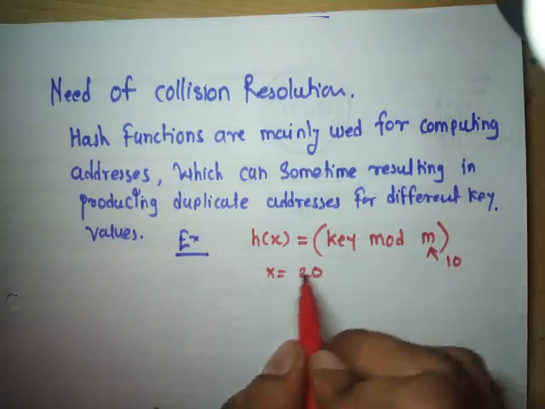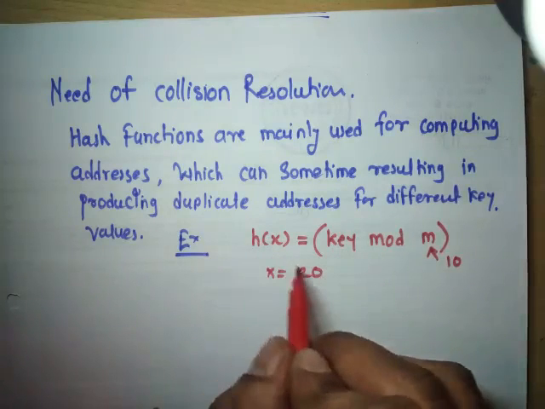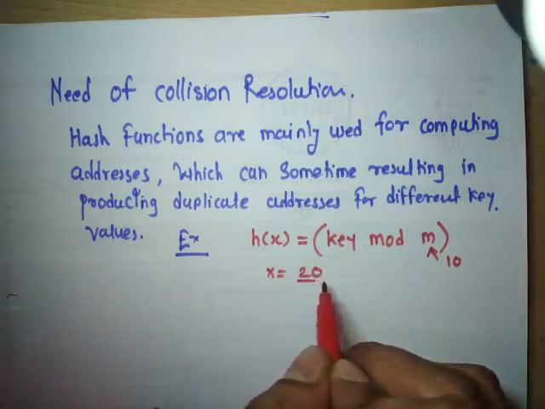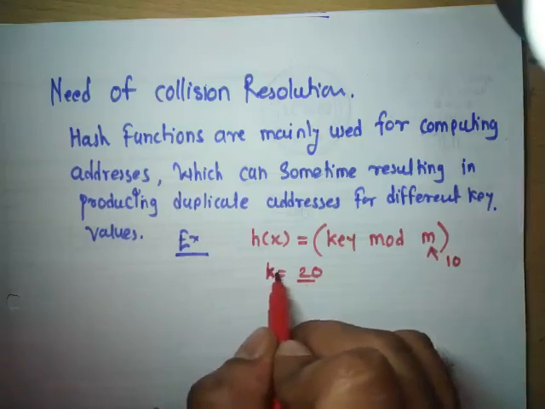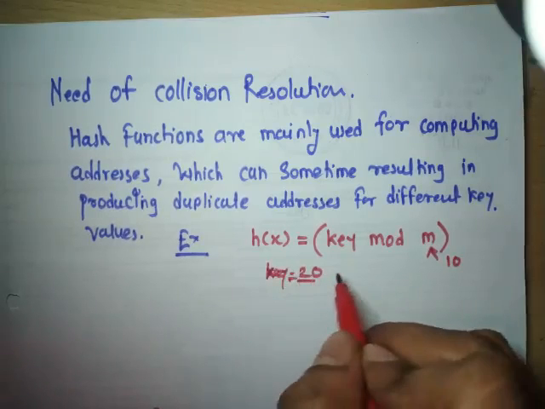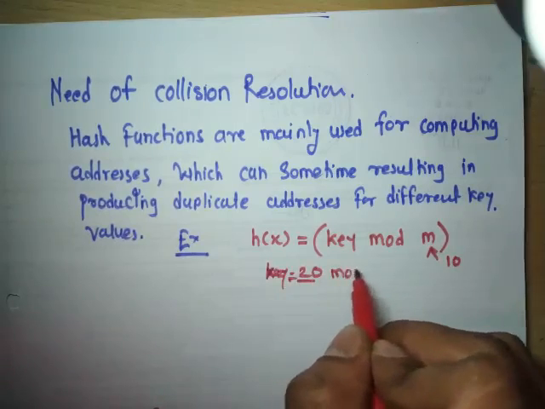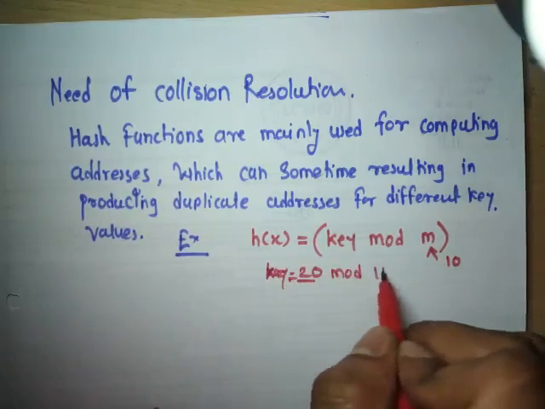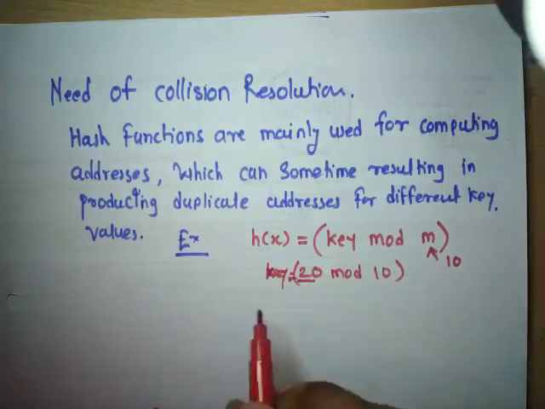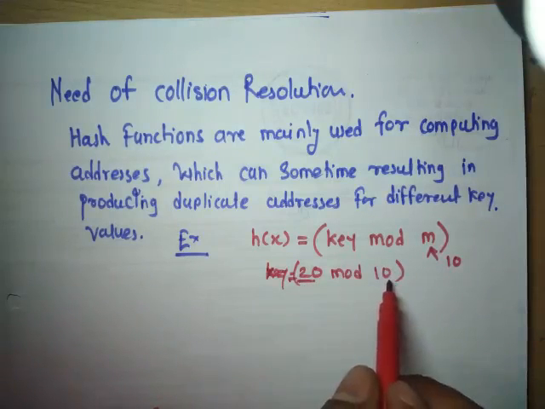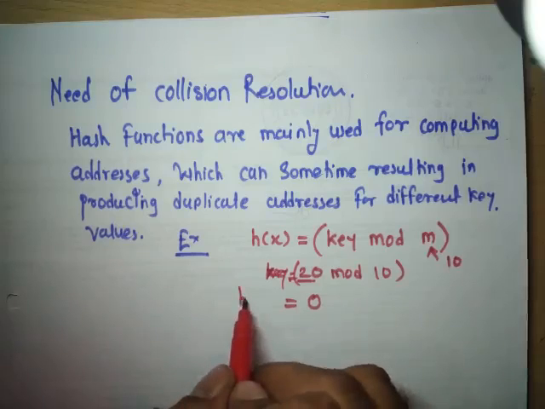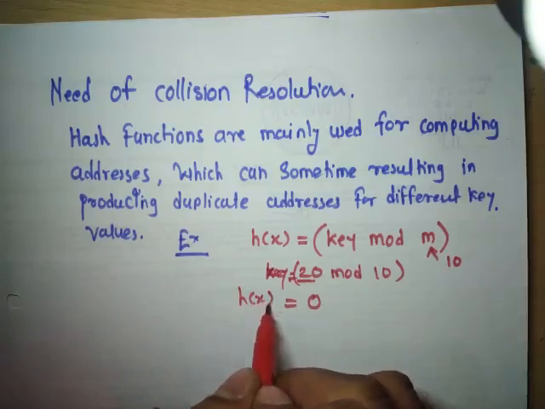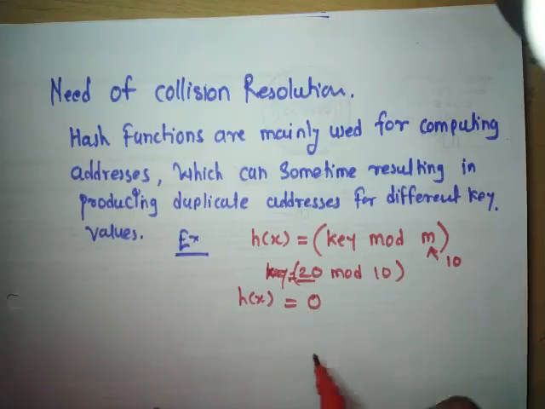Let's calculate the location for the key value 20. 20 mod 10 is 0. So h of key is equal to 0.